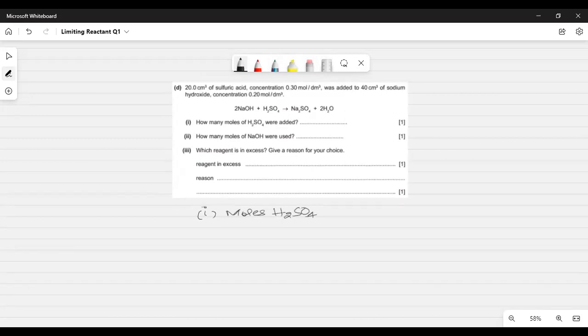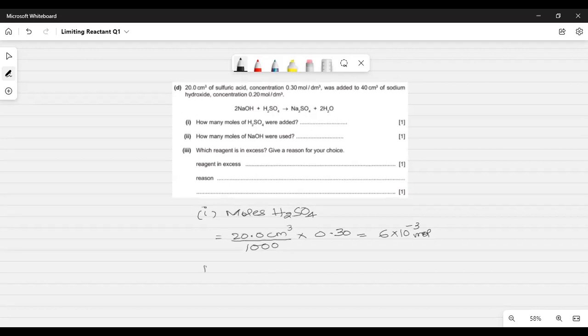In case of H2SO4, we have 20.0 cubic centimeter of the sulfuric acid, and the concentration is 0.30. We need to divide this volume by 1,000 to convert it into decimeter cube. We multiply it with concentration and we get the number of moles, the answer to which is 6 into 10 raised to the power minus 3 moles.